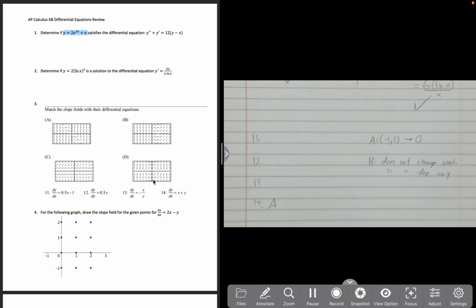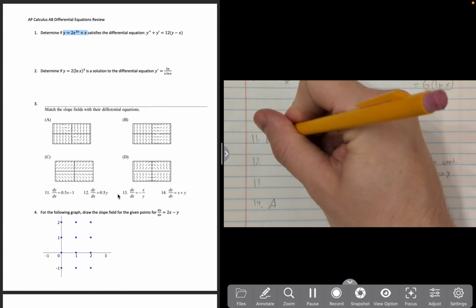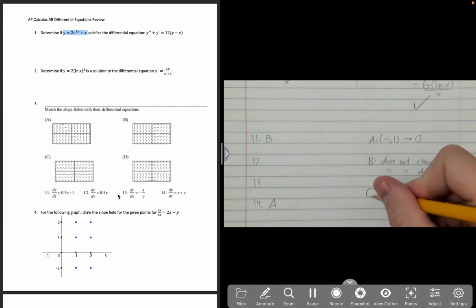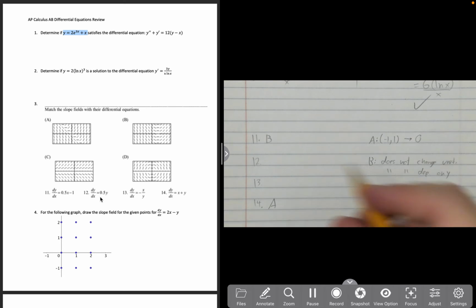So let's look at our differential equations. Which one doesn't depend on y? 11 doesn't depend on y, so it must be B. For C, if we use the same reasoning, it doesn't change horizontally, so because it doesn't change horizontally, it doesn't depend on x, that must be 12.